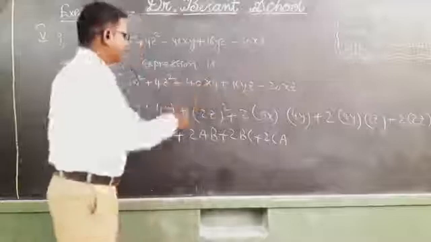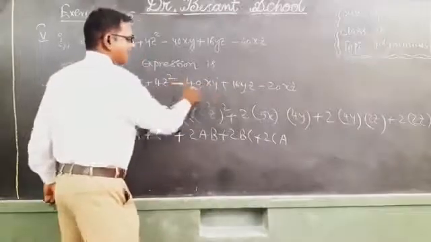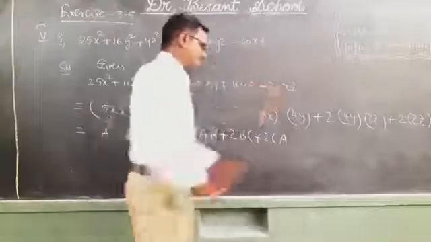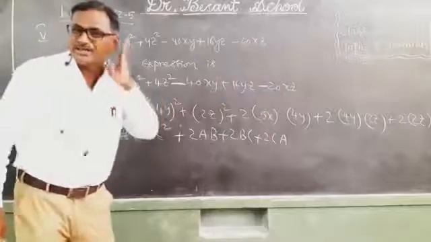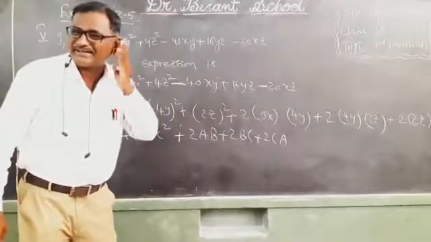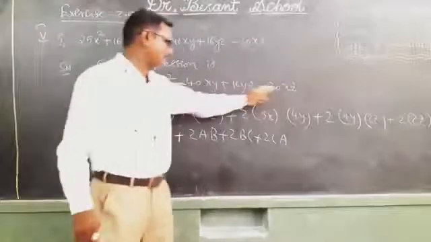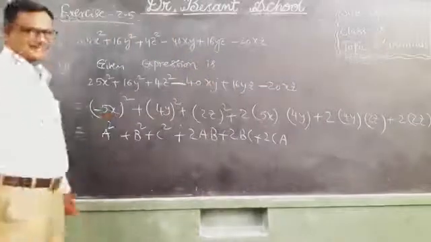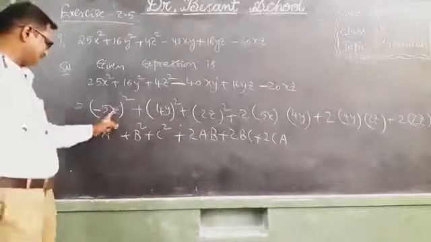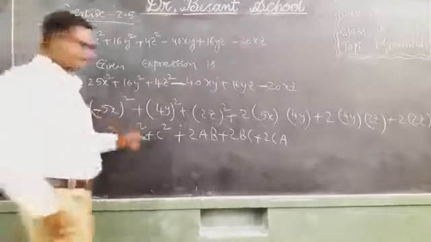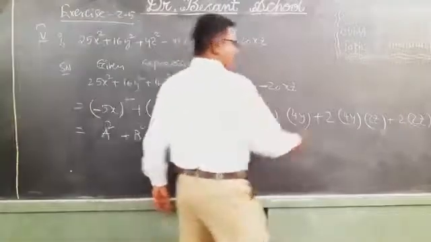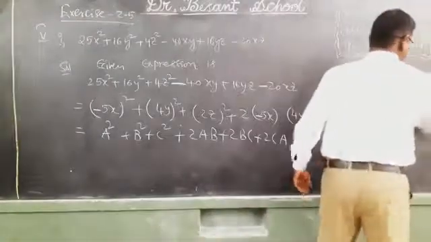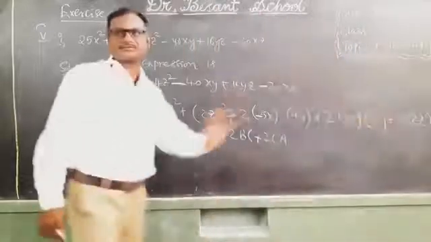For that x we keep minus, so it is minus 5x. Now it is balanced, including the symbols.